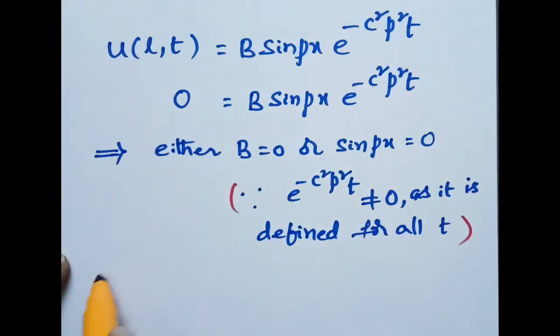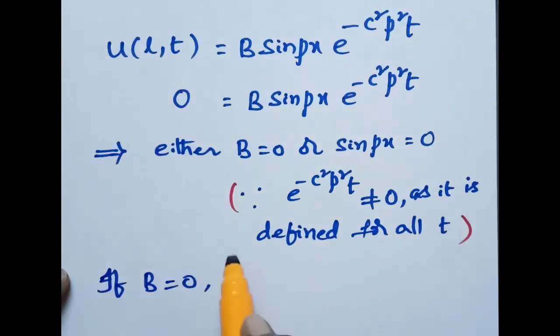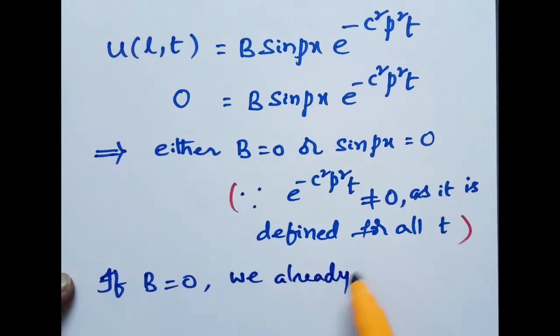If b equal to 0, let us observe what will happen. We already have a equal to 0.